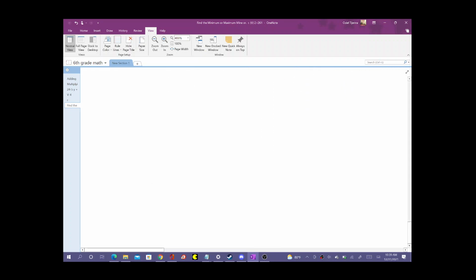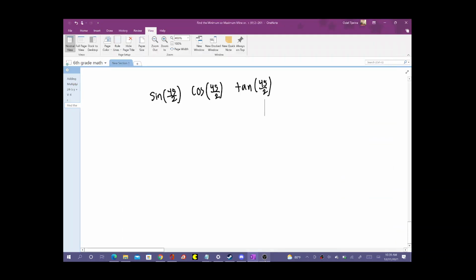So let's see, I want to do one more example. So 45 over 2. I want to do 45 over 2, just for the heck of it, because I really want to make sure that these are understood really well.